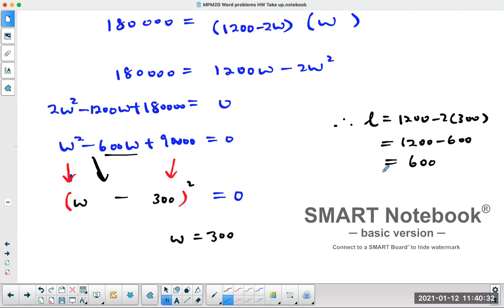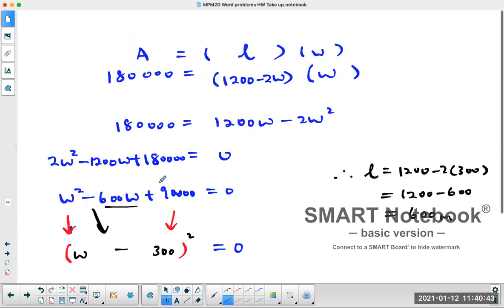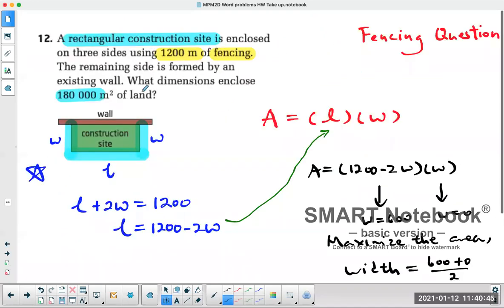So the dimensions for this construction site are 600 meters by 300 meters, and that would be the answer to this particular question. What dimensions enclose 180,000 square meters of land? 600 of length, 300 of width.